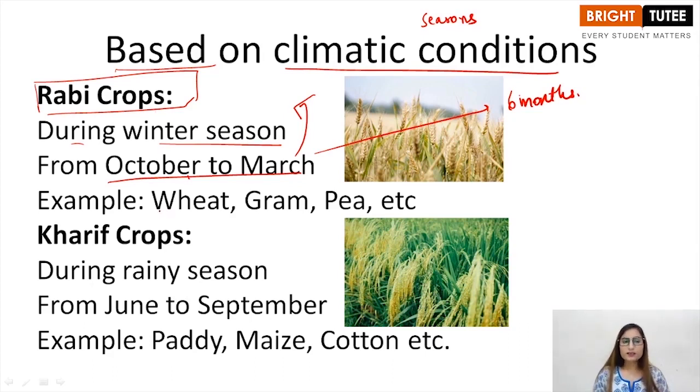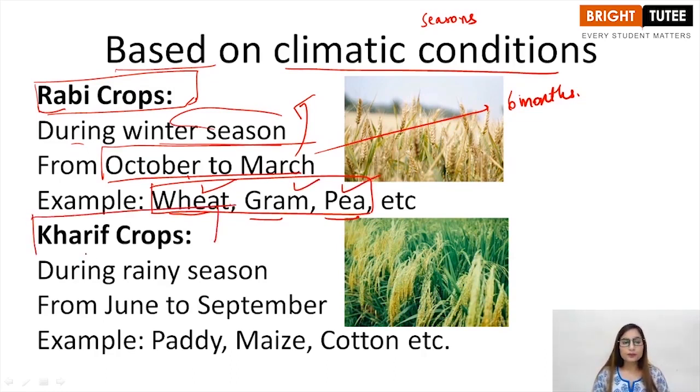During this season, the crops grown are wheat, gram and pea. If you are asked what are Rabi crops, give examples. Rabi crops are the crops which are grown during winter season, which is from October to March, and the examples are wheat, gram and pea.